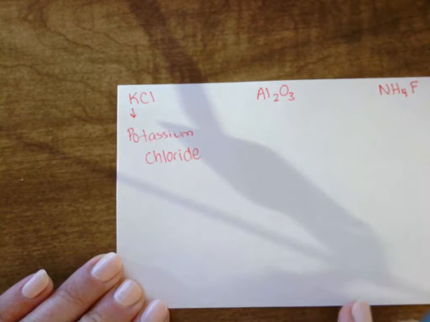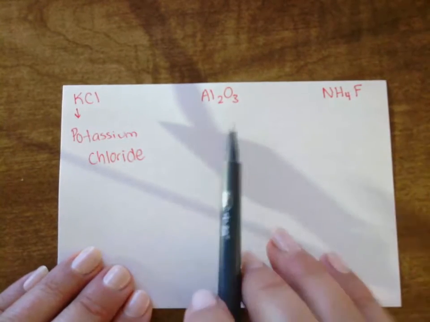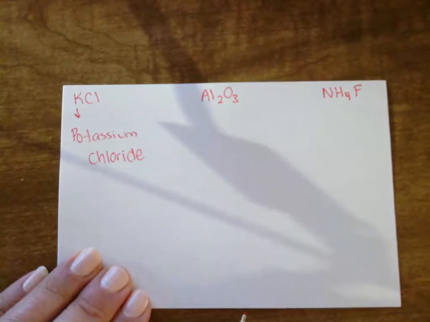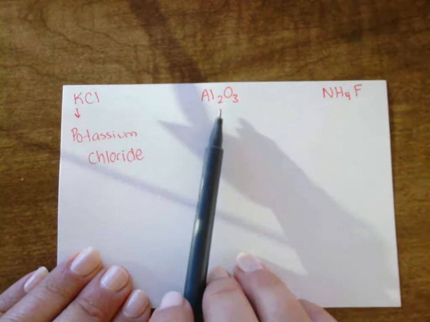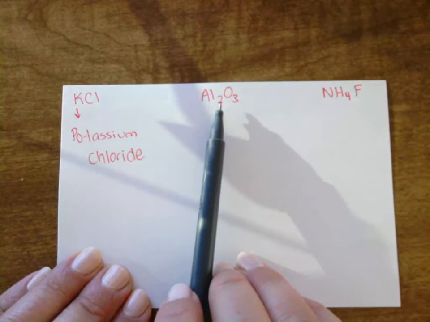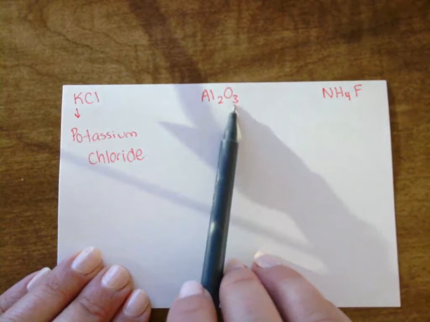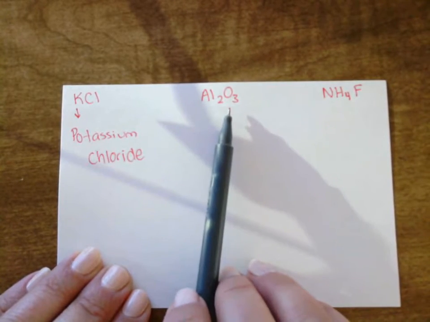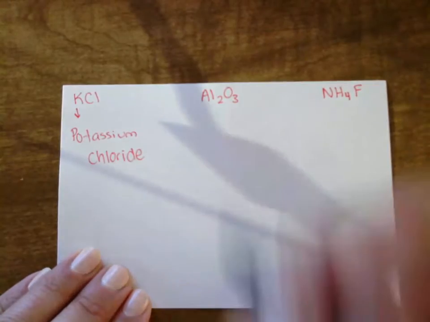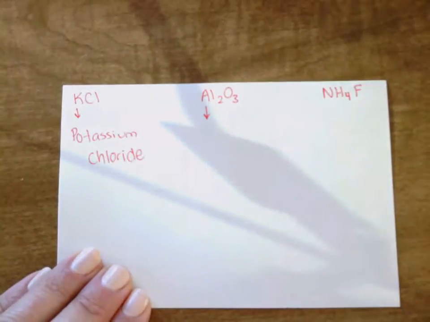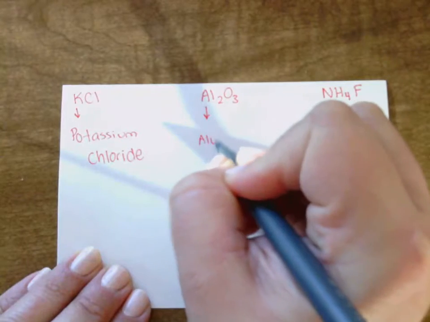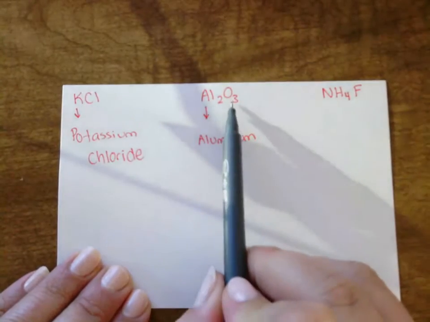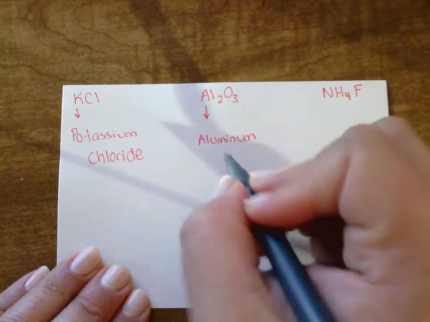Okay? I can come over here to this next example. I have aluminum and oxygen. Okay? Here's where naming is actually really nice. When we write out the name, these numbers down here don't matter. We don't have to include them in the name. So when I write out this name, I just need to know that this first atom is aluminum. And then the second atom would be oxygen.